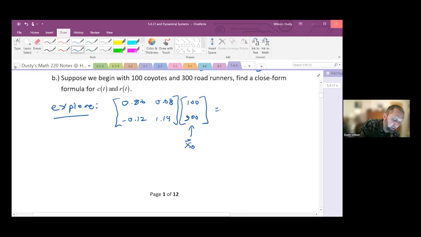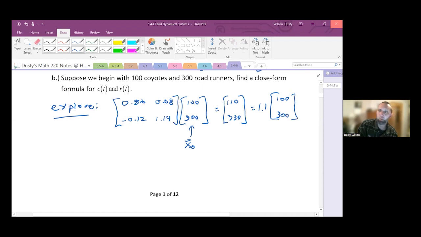So when we do the multiplication, we're going to get 0.86 times 100 plus 0.08 times 300, which is 110. And negative 0.12 times 100 plus 1.14 times 300, which is 330. And what I want you to notice is that this is 1.1 times the initial state, 100, 300.